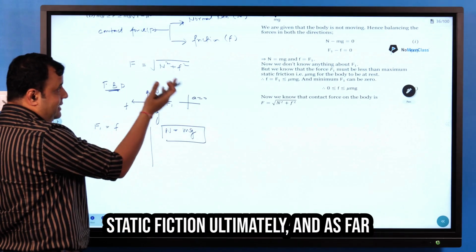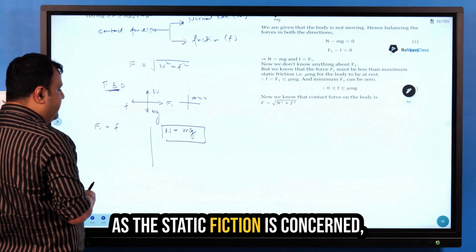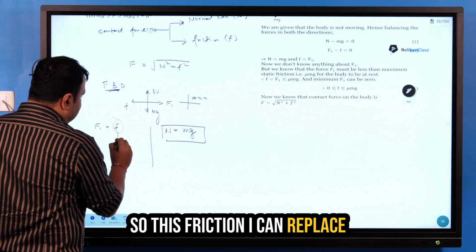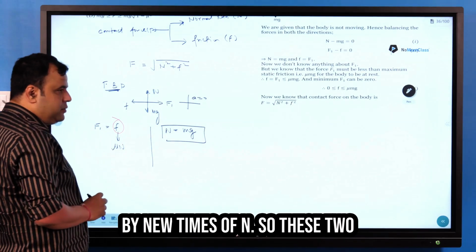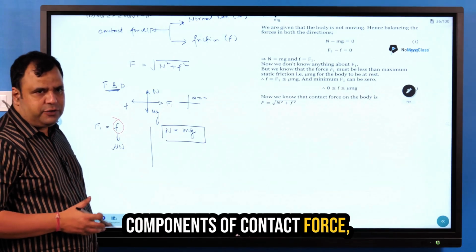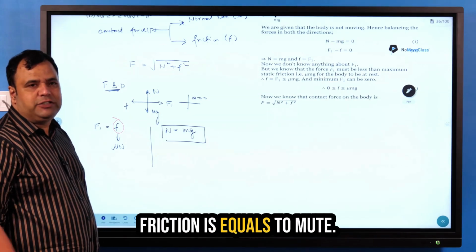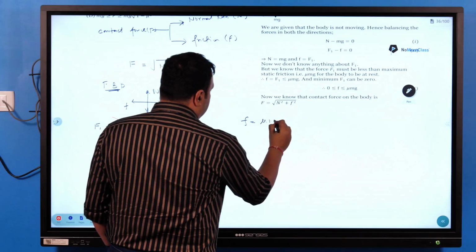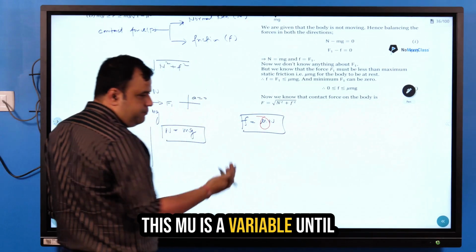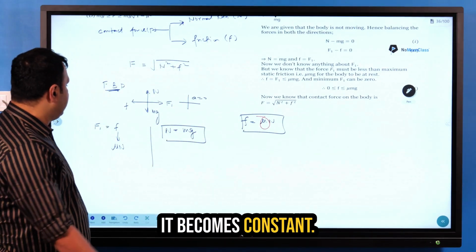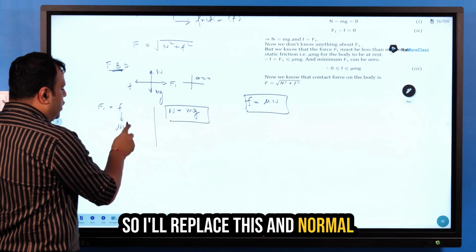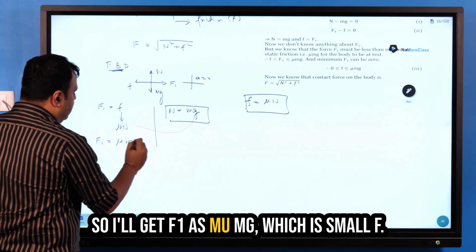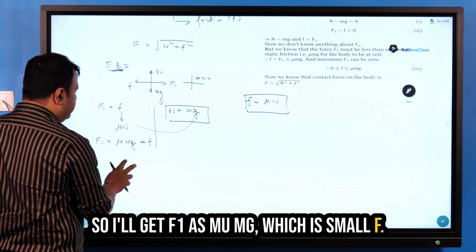In this case, it's static friction, and as far as static friction is concerned, we might get different values. So these two components of the contact force are connected by the formula: friction is equal to mu times N. This mu is a variable until it becomes constant. So I'll replace this, and put the normal reaction value from here, and I get F1 as mu mg.